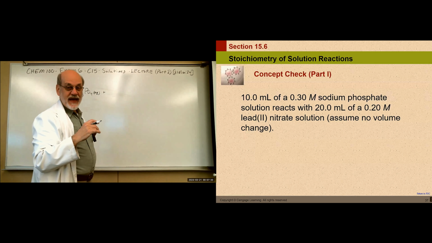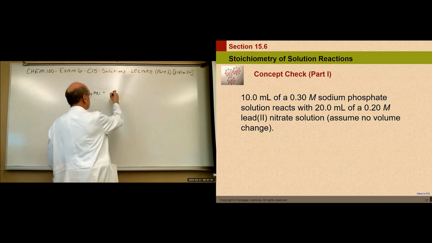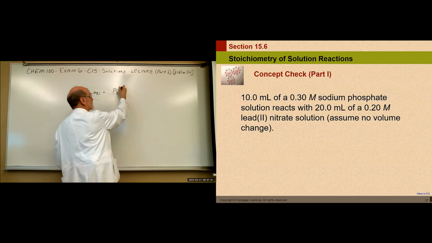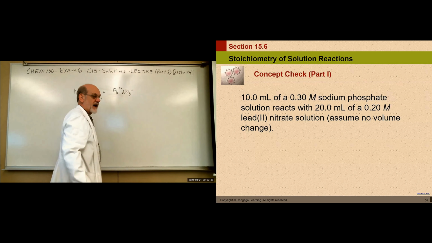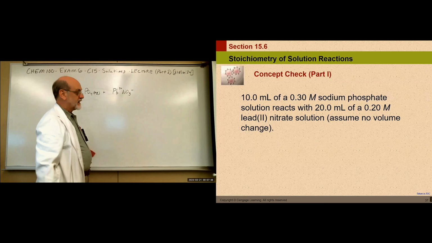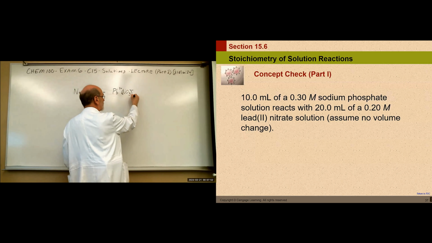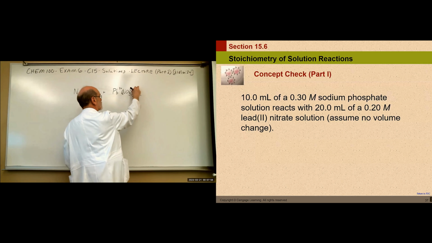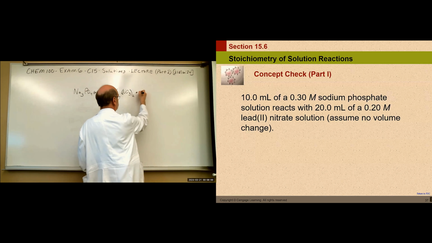Then we're going to add to that a solution of lead(II) nitrate. Right? That tells us that the charge on lead is 2+, and nitrate is a polyatomic ion with a 1- charge. So in order to balance this one, we need 2 negatives to balance that 2 positive. Right? So now we've got these written correctly.